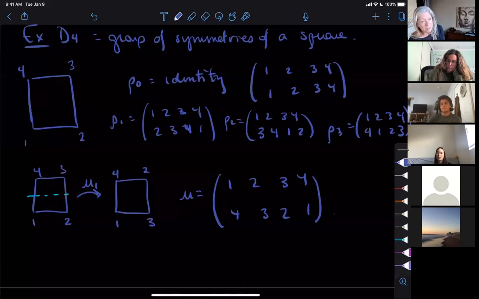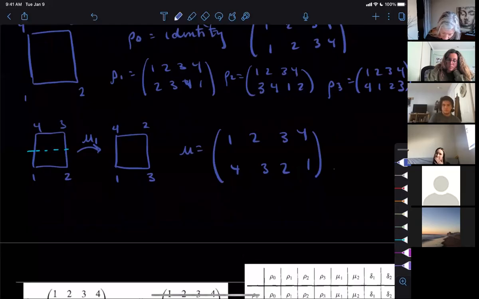Are there any other mirrors? Yeah, there's diagonal ones. So there's diagonal ones, and then there's also another non-diagonal one, which would be vertical.